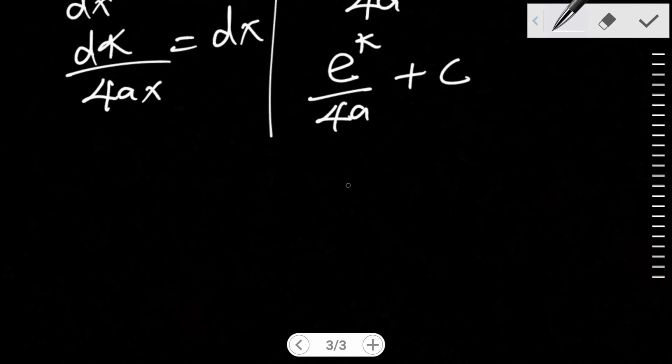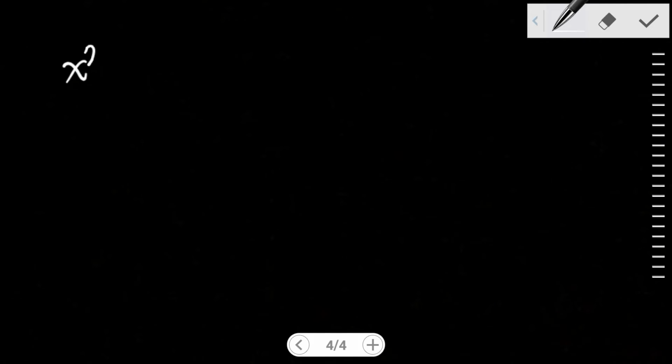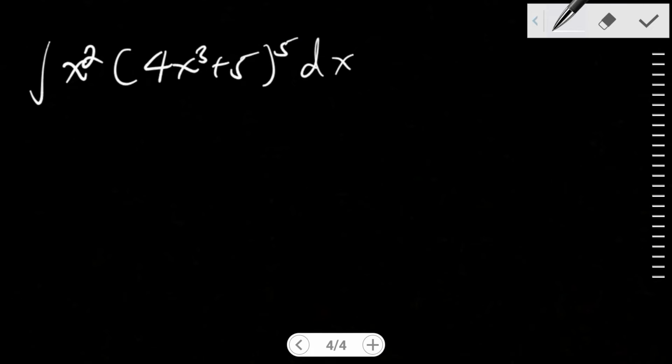So this is going to be e to the power 2a x squared all over 4a plus c, in this case squared into 4x cubed plus 5, but the whole of this is to the power 5, and we are integrating this with respect to x.